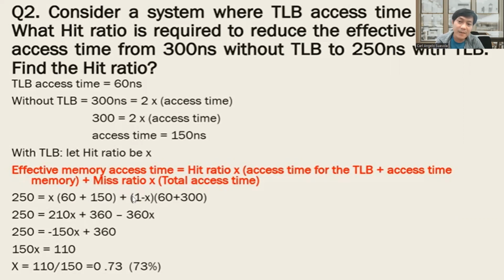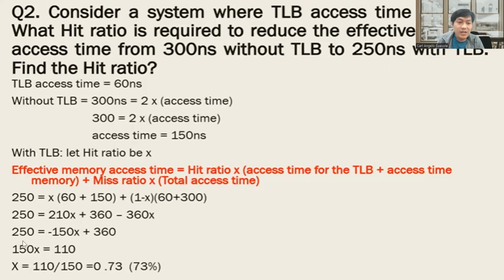The miss ratio is equal to 1 minus the hit ratio, where hit ratio is X. Since we do not know the value of the hit ratio, multiplied by 60 nanoseconds total access time plus the 300 without the TLB.